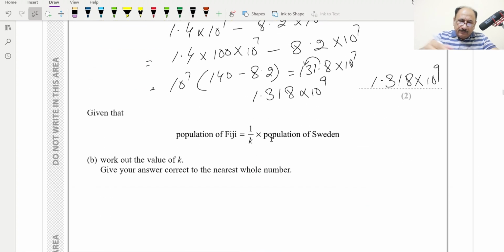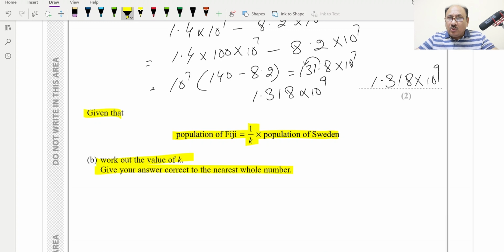This is a 2 mark question which we have done. Hopefully you understood this. Then, given that the population of Fiji is equal to 1 over k into the population of Sweden, work out the value of k, giving your answer correct to the nearest whole number.